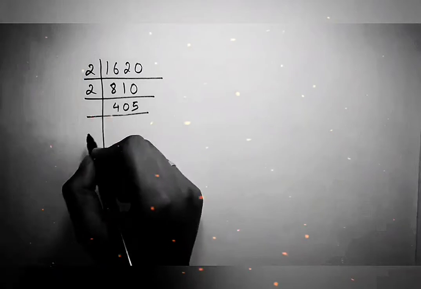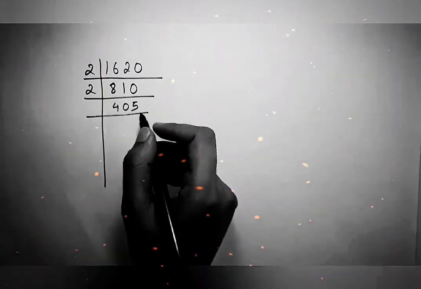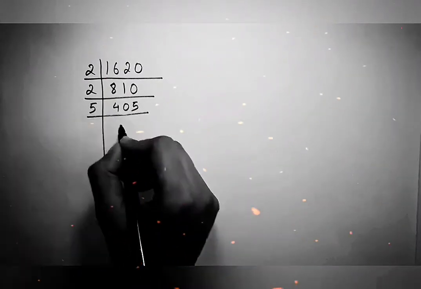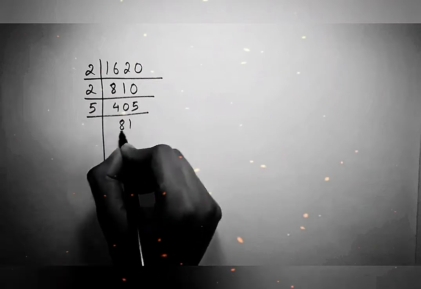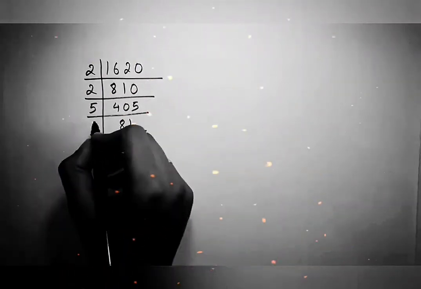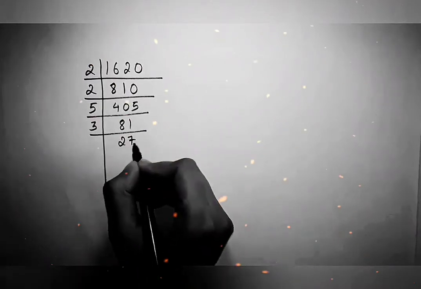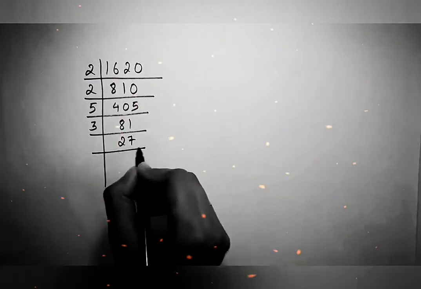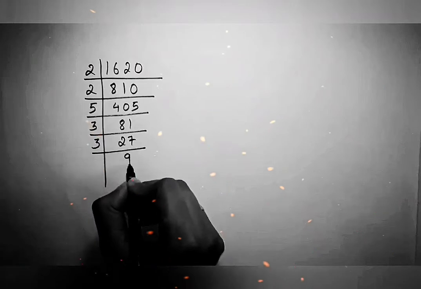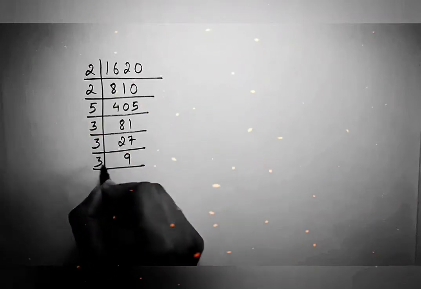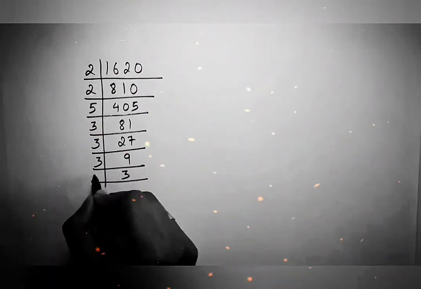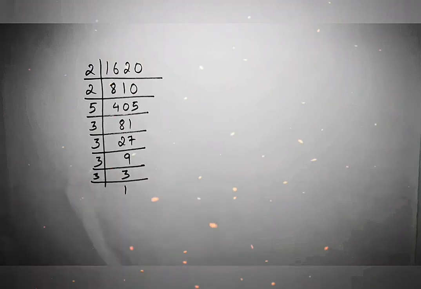Now if you see the unit digit, it is 5. So directly we write 5. It will be 81, and 81 is divisible by 3, as you know. So it will be 27. 3 times 9 is 27, and 3 times 3 is 9, and 3 ones are 3.